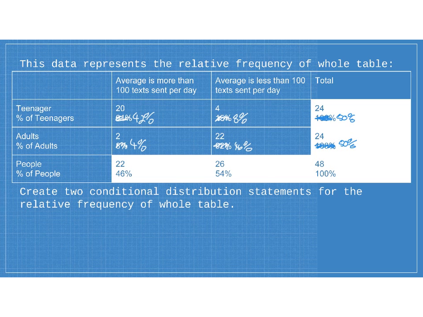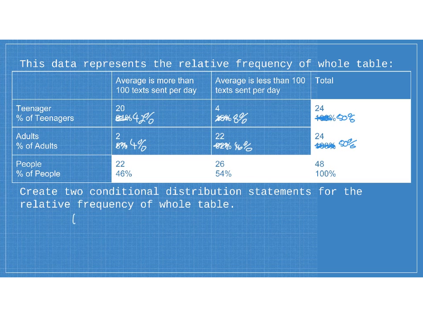So again, just like we did on the previous, I want you to write two conditional distribution statements for the relative frequency of the whole table. So as I look at this one, I'm going to look at the adults that sent less than 100 texts per day.